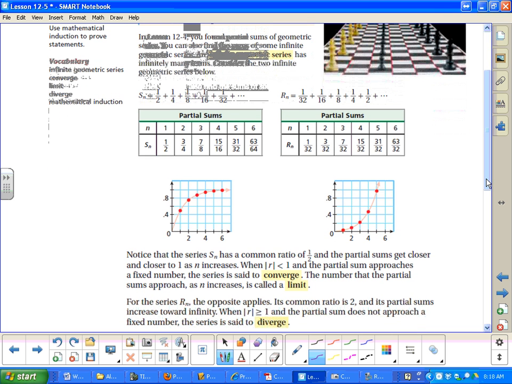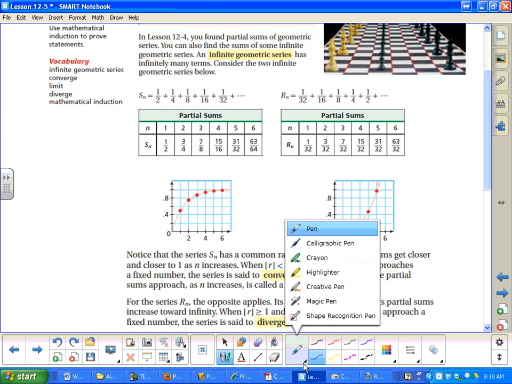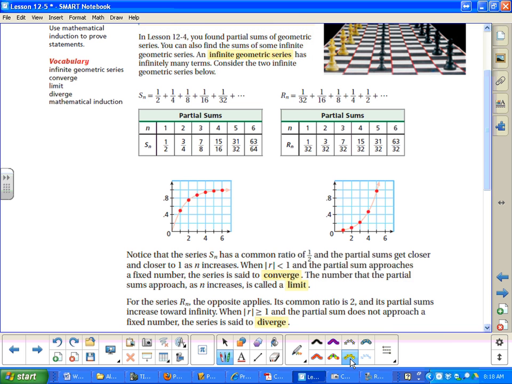So if we look at these two tables that we have here, and the two graphs that go with those two tables, you'll notice that the graph on the left goes up, and then the growth of it slows down. So it's getting closer and closer to a certain number.